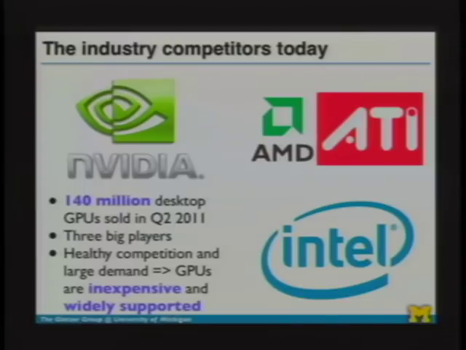NVIDIA and AMD are extremely competitive in the high performance video game arena. NVIDIA will release one and they'll have the fastest card, but only for that month, and then AMD will release one and they'll have the fastest card, and then NVIDIA will have the fastest card, and they're constantly fighting for the top.